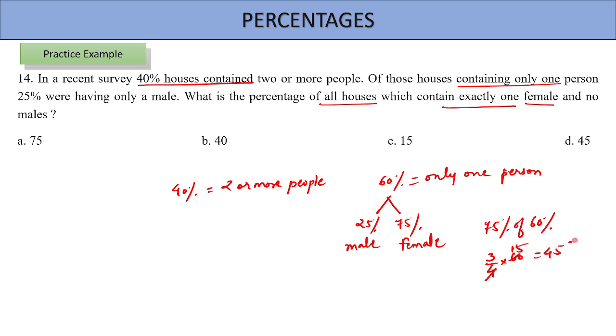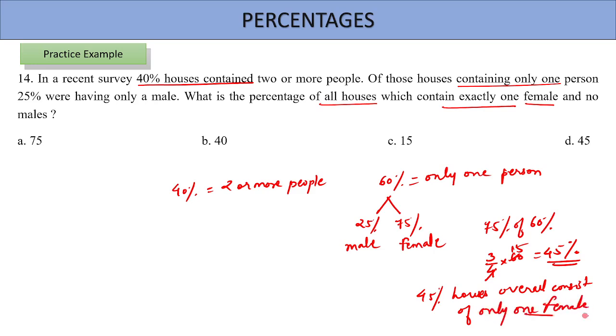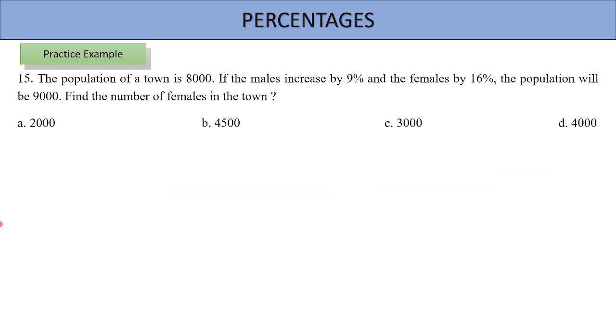So the net percentage is there are 45 percentage of houses overall consisting of only one female. 25 percentage of 60%. I hope this sum is also clear. A very good sum, guys.